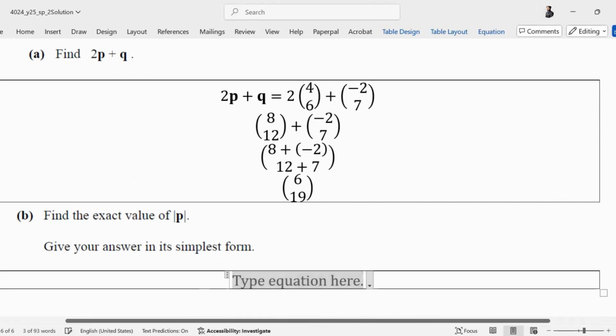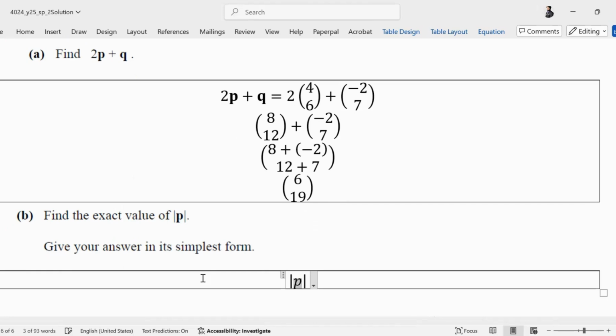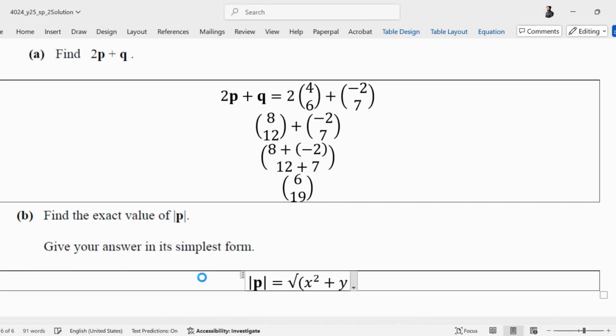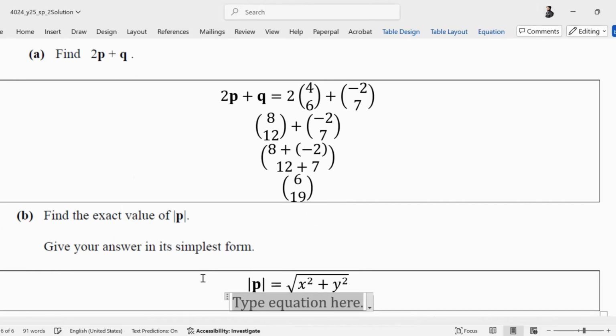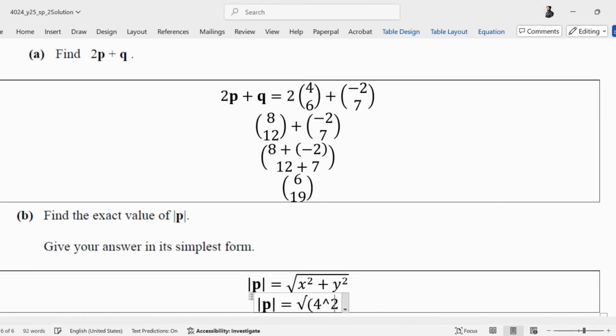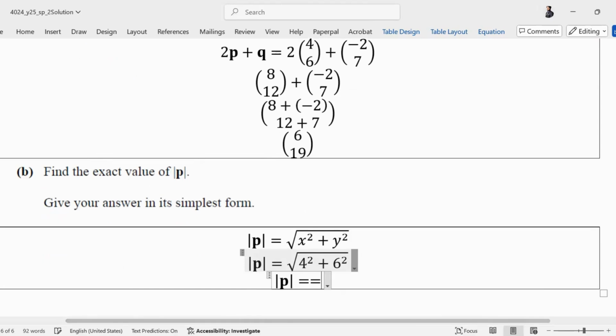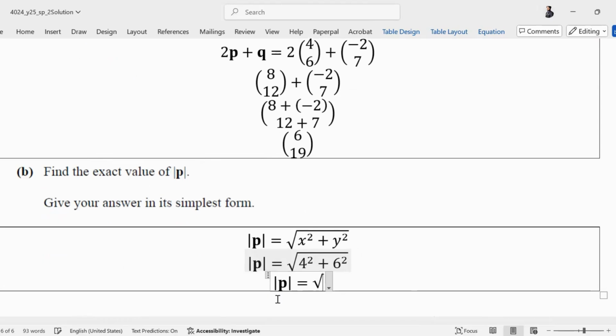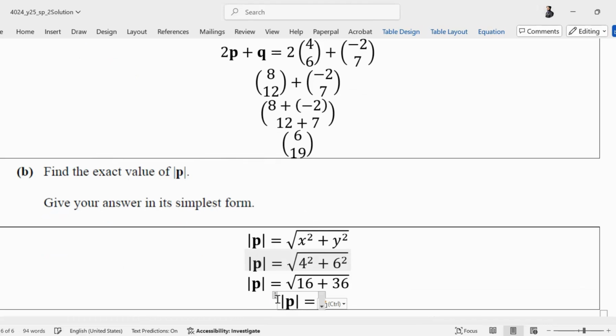So for the magnitude of any vector, we do x square plus y square. And again, for p, the movement in x is basically 4 and the movement in y is 6. So this should give me 16 plus 36, which is 52.